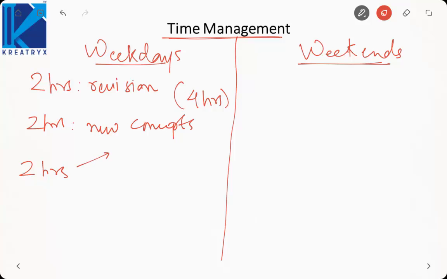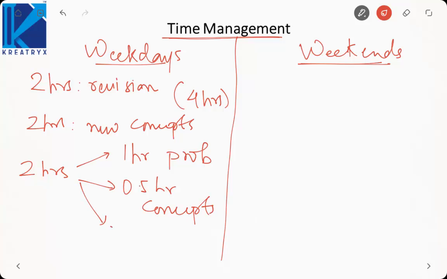You can divide it into 1 hour for problem solving, then half hour for concepts that I told you must revise using short notes, and half hour for doubts. Okay, whatever are your doubts, you can discuss it.